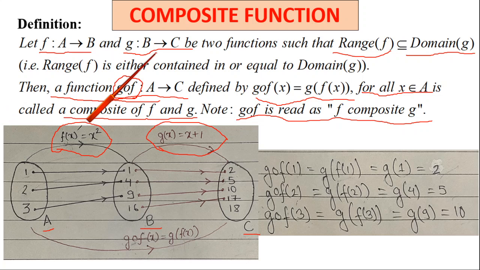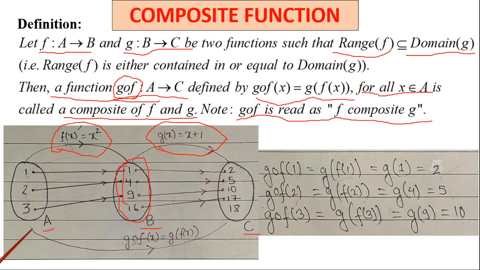F was from A to B and g was from B to C. Then it said that if these two functions are such that range of f is contained in domain of g, then we'll have a function f composite g from A to C. So here in our example, clearly our function f is from A to B and g is from B to C, and this condition is also satisfied, that range of f is contained in domain of g, because here this is the range of f, and domain of g is whole of B, and clearly the range of f is contained in domain of g.